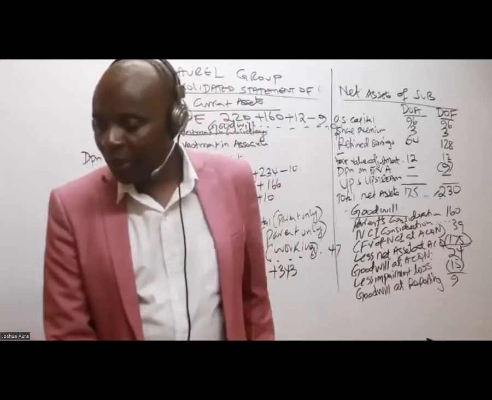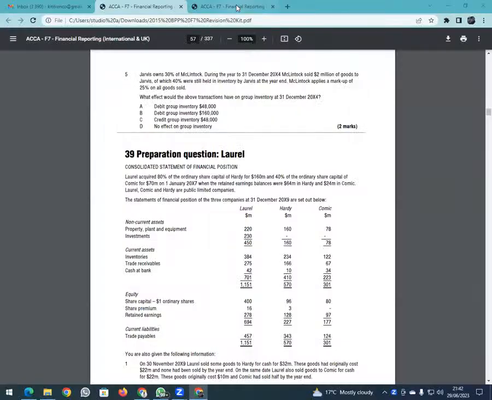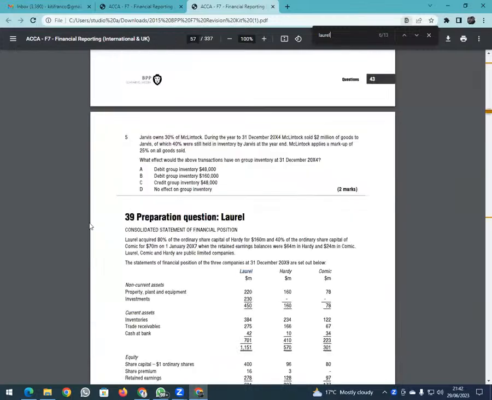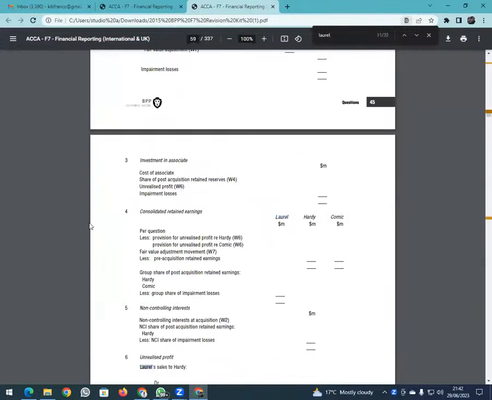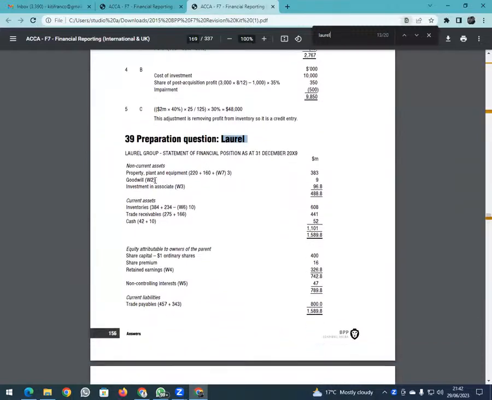If you go to this particular book, let me just say control find. So you can see goodwill, if you're able to see my book here, they are getting 9.